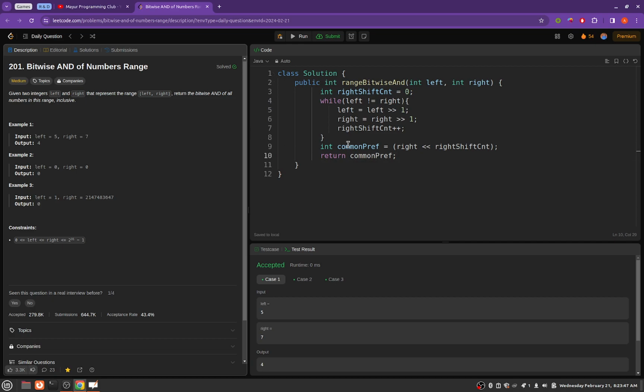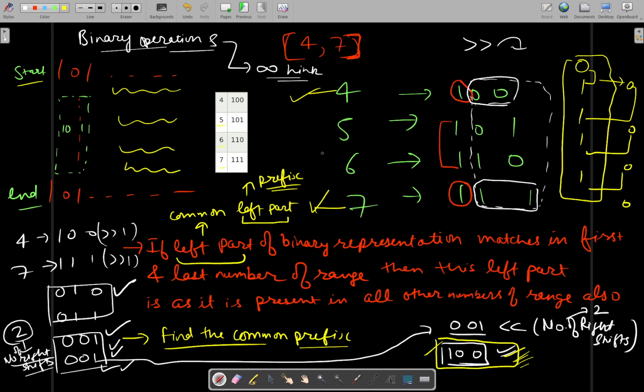And yeah, before ending the video, I forgot completely, I'll be telling you what is the time complexity here. Since int is a 32-bit data type, generally in Java or at least in C++, there are 32 bits, so the number of operations required will be of order 32.